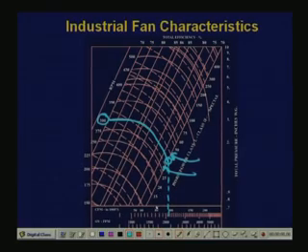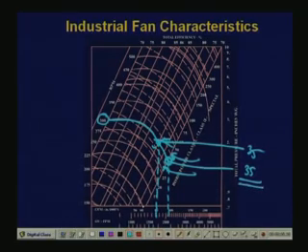You are roughly here, at the 80% curve. This curve and this curve are moving in parallel. So, if it is 35 here, it is going to be 35 here also.